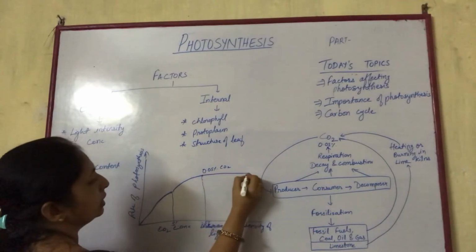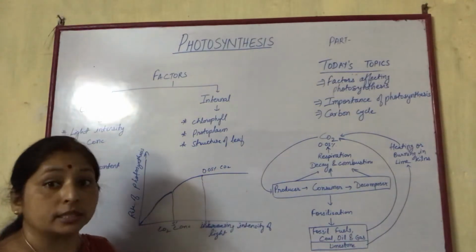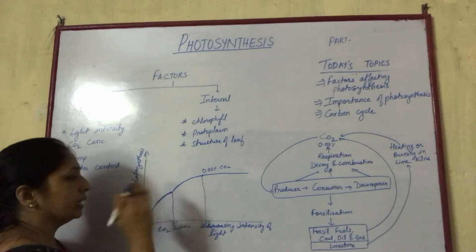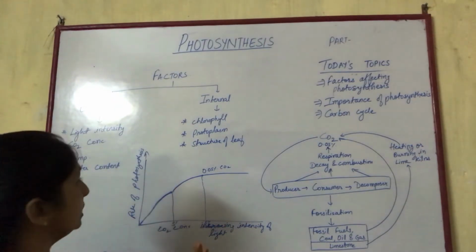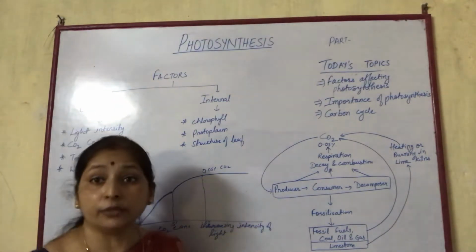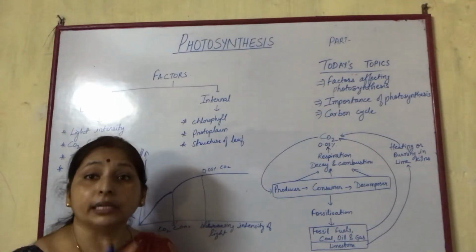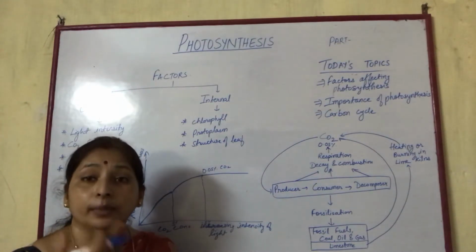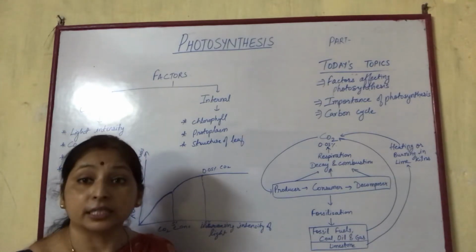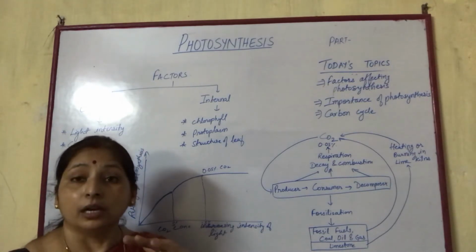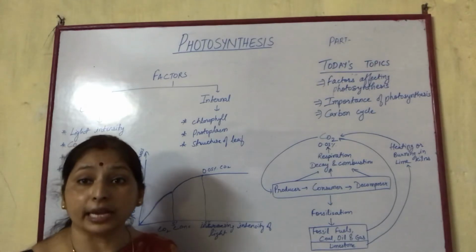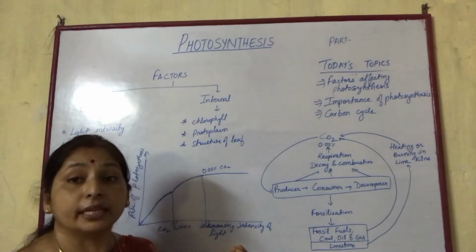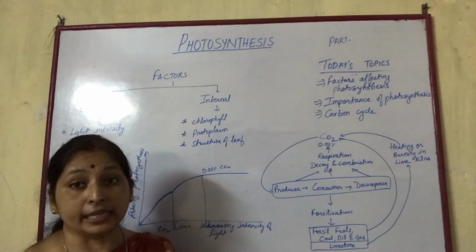After that, it stabilizes. So with increasing light intensity photosynthesis increases, but only up to an optimum intensity. After that, the process stabilizes or decreases, because the enzymes get killed at high light intensities.